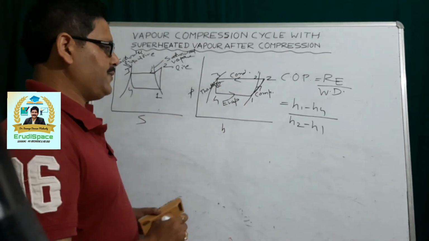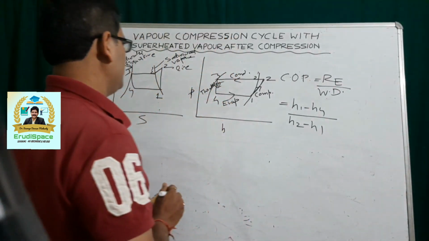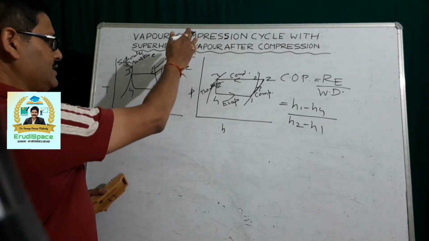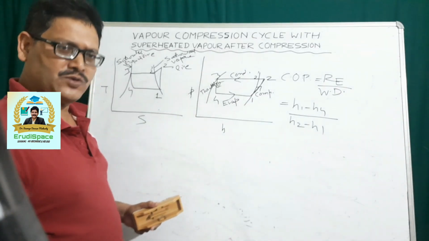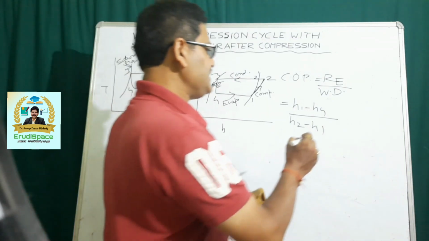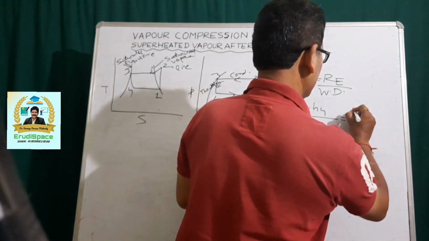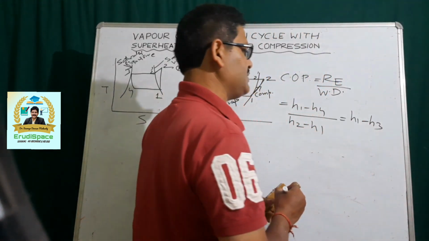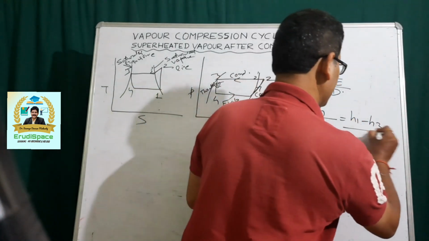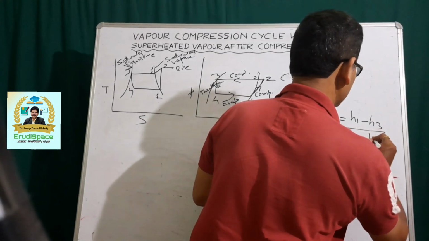From the figure itself, you can make out that 3-4 is an isoenthalpic process. So as it is an isoenthalpic process, H4 is equal to H3, so this becomes H1 minus H3 divided by H2 minus H1.